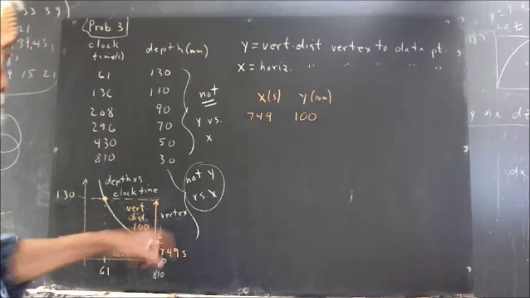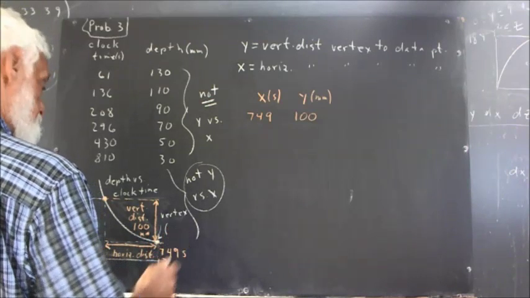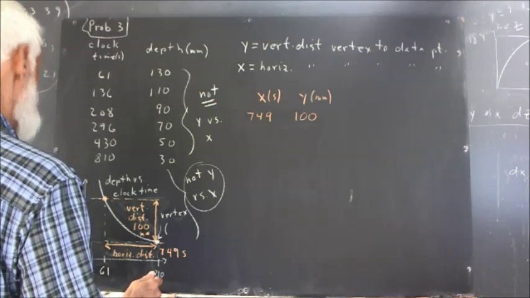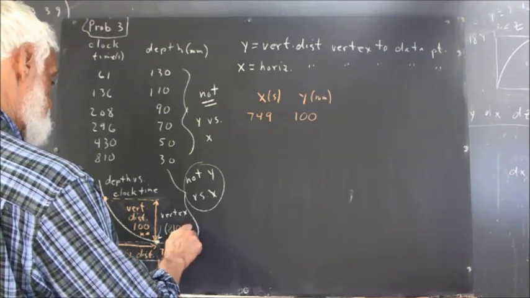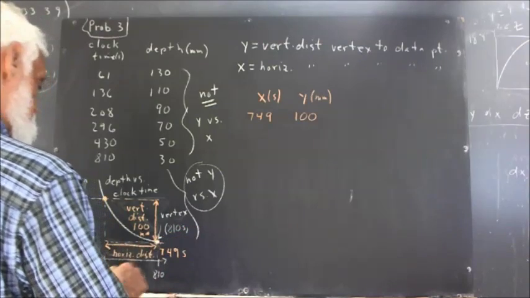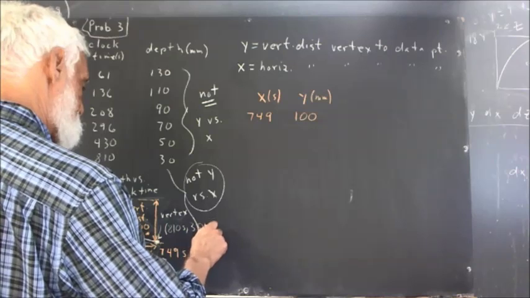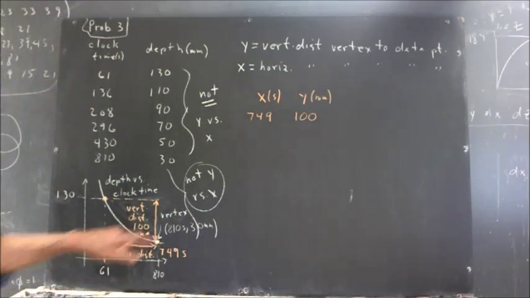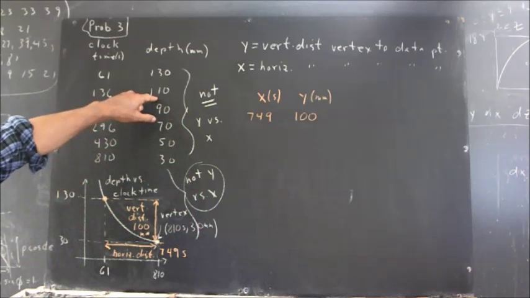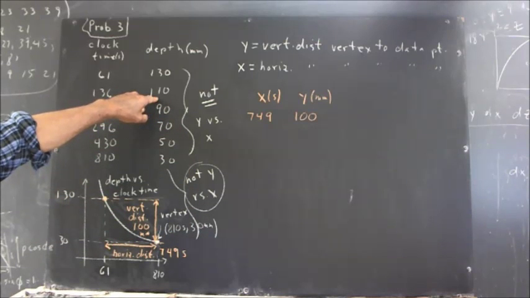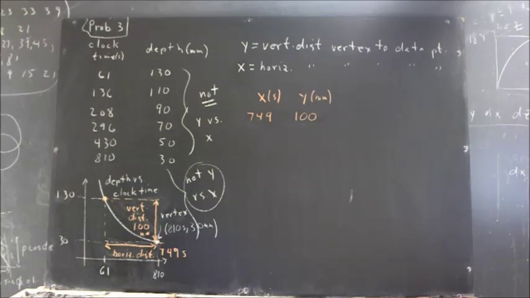Okay, the relative point is the vertex, which is at 810 seconds and 30 millimeters. So relative to the 30 millimeters, the second depth is what? 30 millimeters to 110 is 80 millimeters.